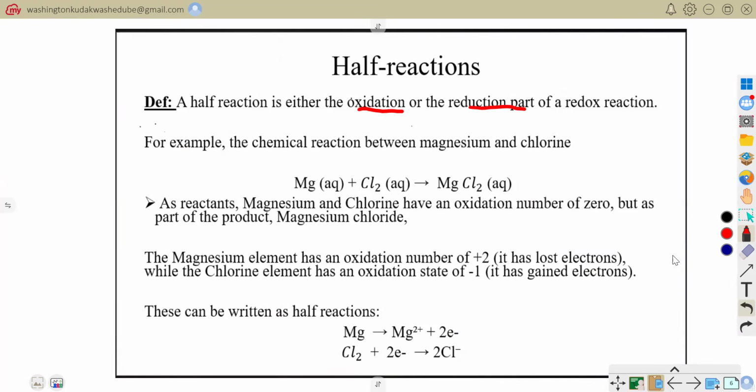So we can define a half reaction as either the oxidation part reaction or the reduction part reaction.